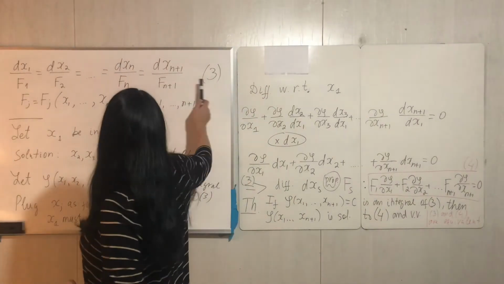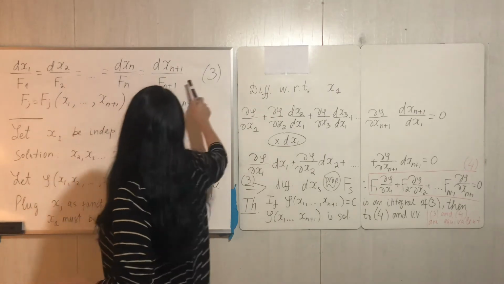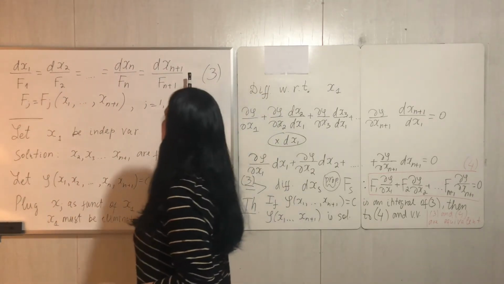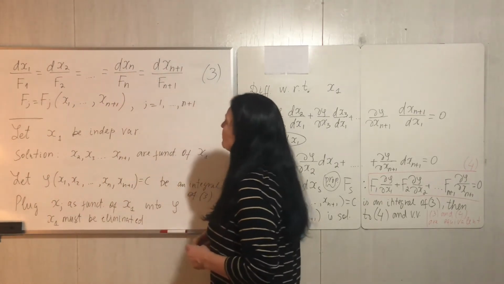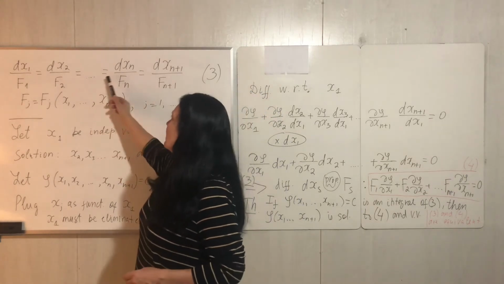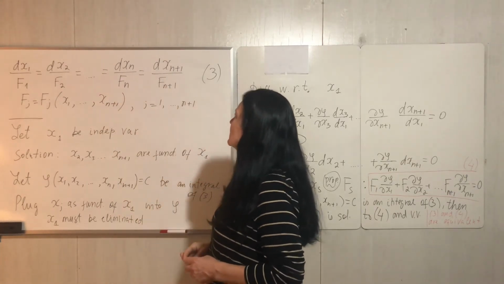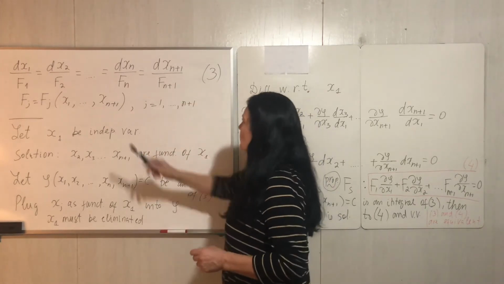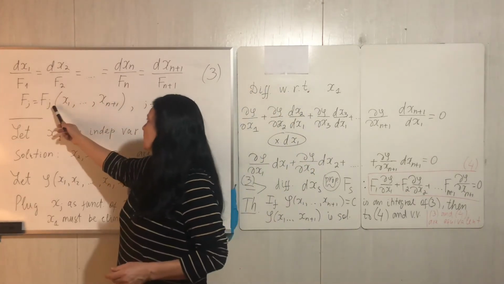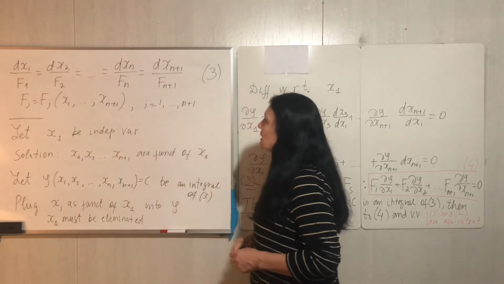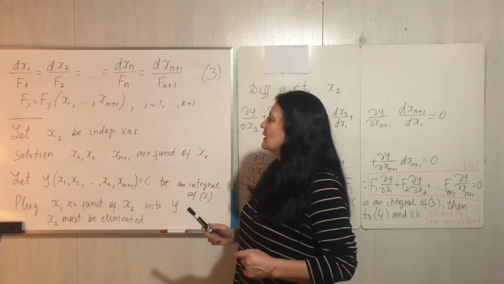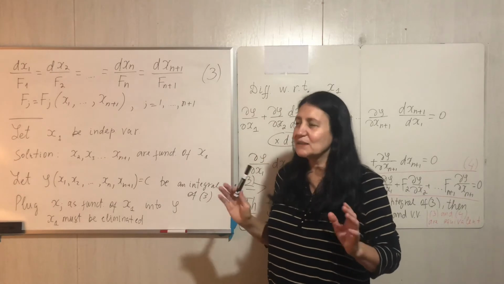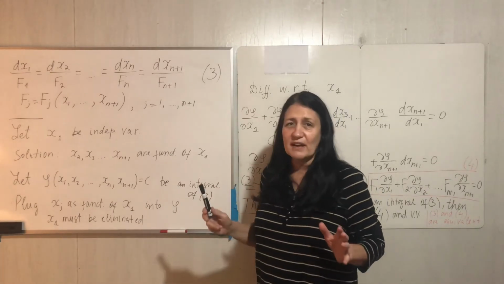Okay, so here I copied again our system 3, our system written in this symmetric form with respect to every variable x1, xn+1, right? So F, capital F, again, functions of all variables. And now let's look at the system and assume that, let's say, x1 is an independent variable.